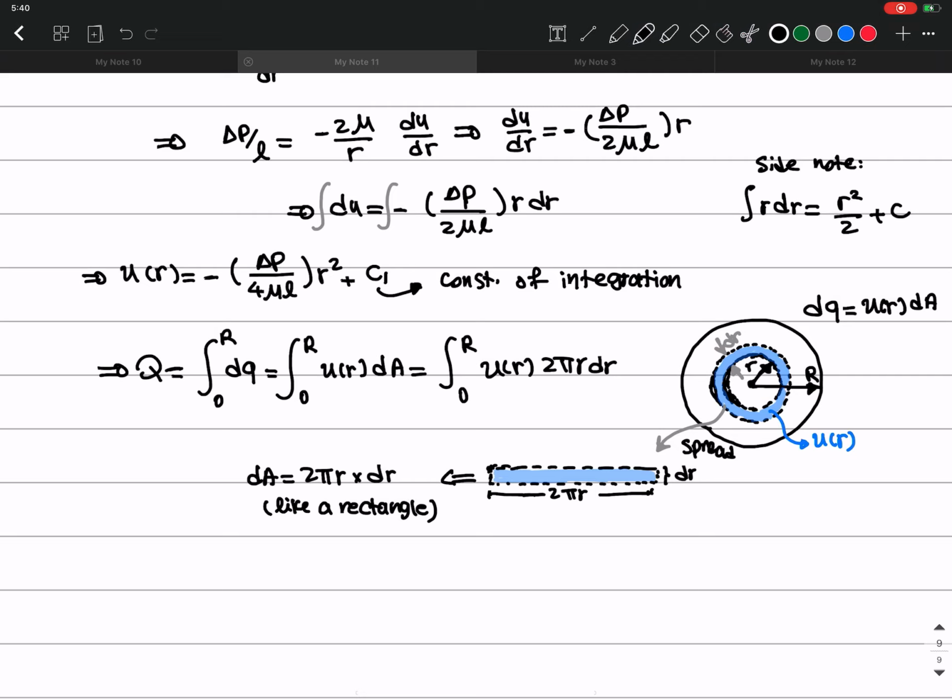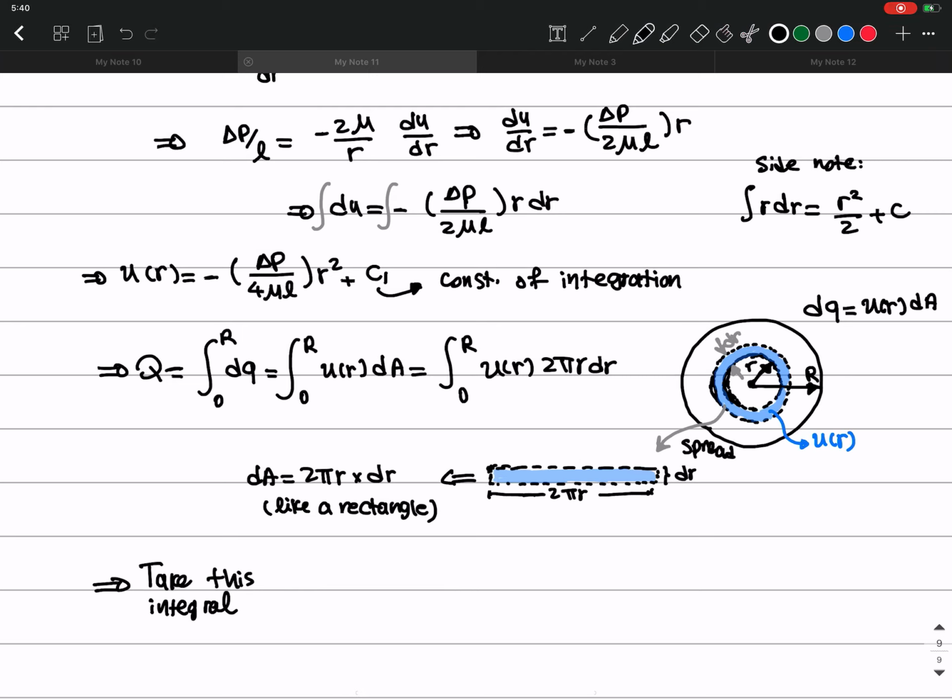There are some tables for this integral, but you can take this integral, and the answer will be Q equals, and instead of u_r you should put this here.